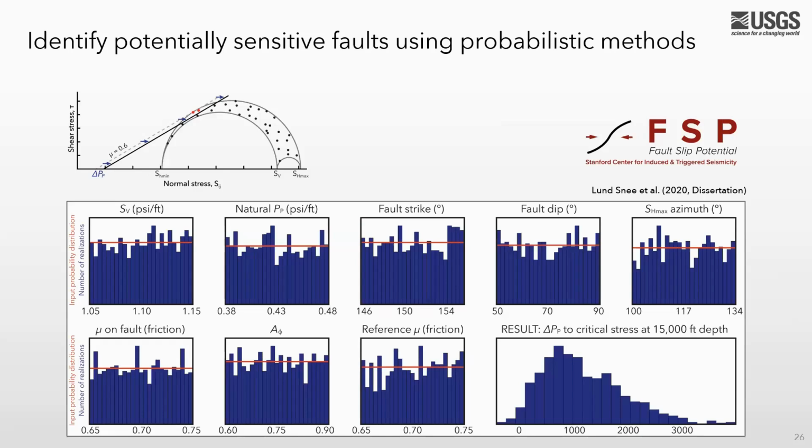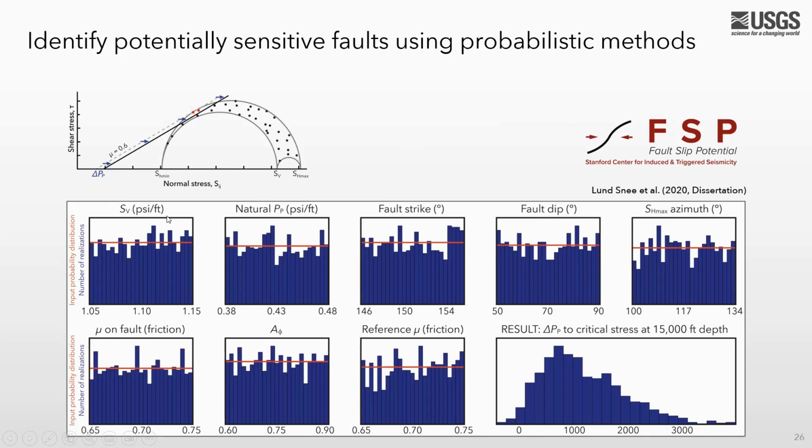And what we can do with this is, if you know the state of stress and you know orientations of faults in an area, you can estimate how sensitive those faults are to an increase in fluid pressure due to, let's say, saltwater disposal. I was part of a research group at Stanford that developed this tool, fault slip potential, that I know is pretty widely used.